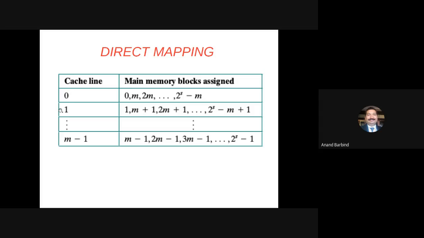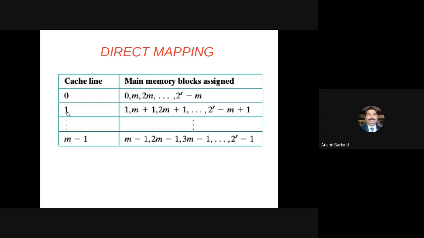For example, at line number 1, which blocks will be transferred? Main memory block 1, 11, 21, 31, 41, 51, 61, up to 91.